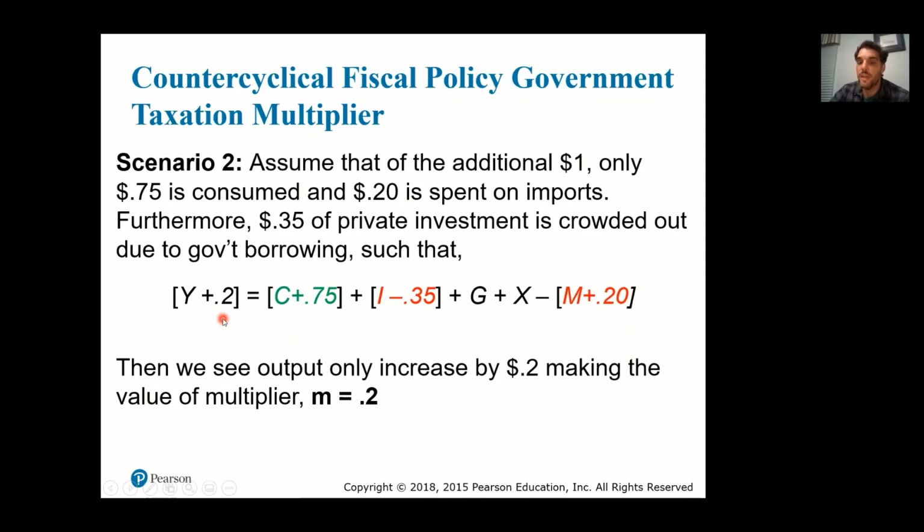So we saw a $1 decrease in the revenue collected by the federal government through taxes, and that $1 decrease only resulted in 20 cents of additional output, meaning the value of the tax multiplier is equal to 0.2. And so we see a relatively mitigated effect of the tax cut on output.